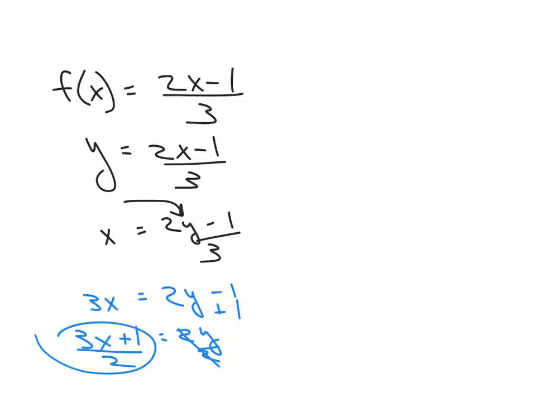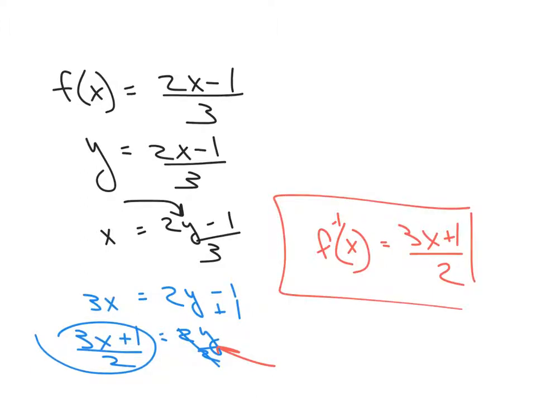Okay, so that's what it asked me to do, is solve for that. The last step, replace the y, which I have right here, with f of x. So f inverse of x is equal to 3x plus 1 over 2. 4 steps, none of them were that hard, although step 3 is some basic algebra. But other than that, that's all there is to finding the inverse.